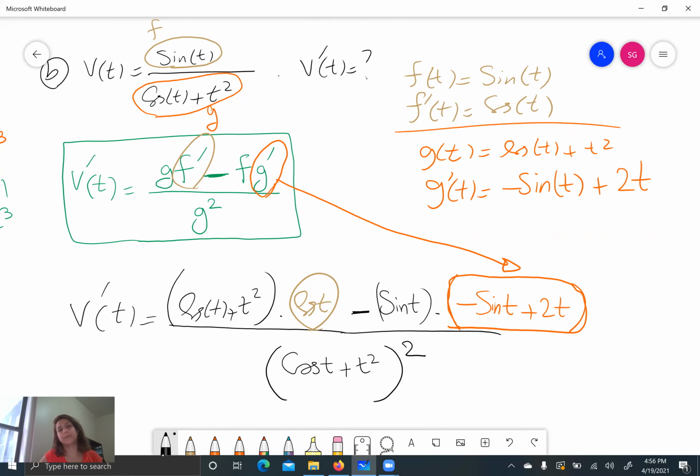What does the product rule say? It says we take the derivative of the first one and multiply it by the second one, plus the first one times the derivative of the second.